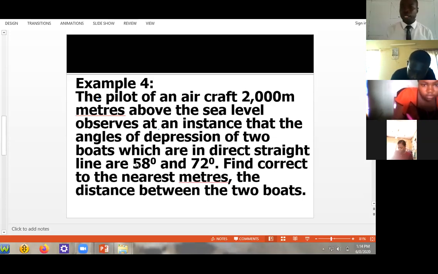Or if you are not getting the sketching, then you can't get the answer. Sketch it, write it, and let's see it.